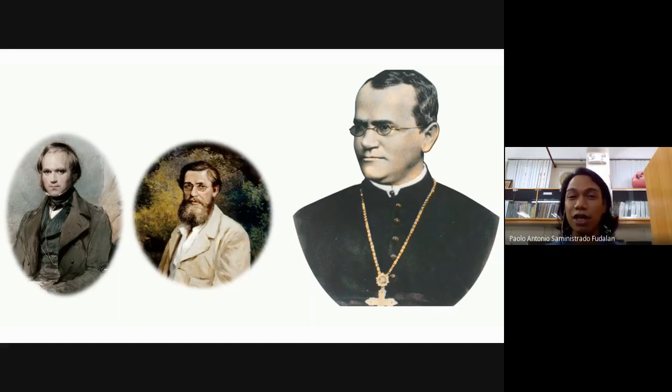Without Mendel's work on transmission genetics, the transmission of traits from parent to offspring, Darwin's and Wallace's work on evolution, natural selection, would be sort of very shallow, okay? Because we won't be able to explain the mechanism of how evolution happens without Mendel's work.